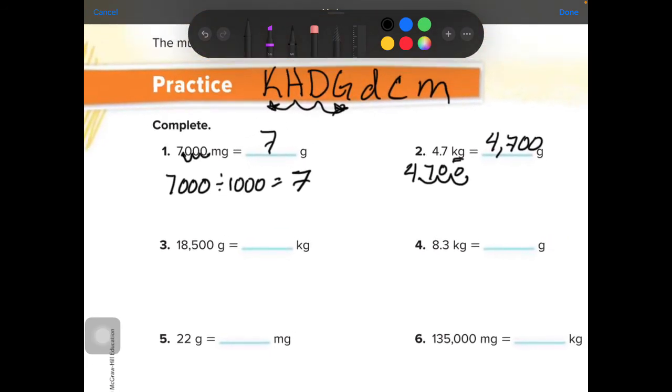Okay, I've got to show my cute little acronym there. We have grams right here, and we need to go to kilograms. We're going to go left, 1, 2, 3. So it's going to be 18.5 kilograms.